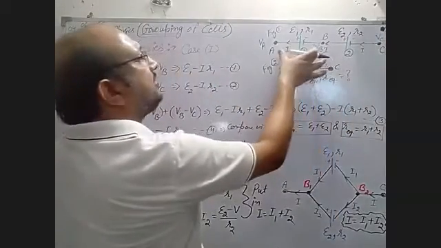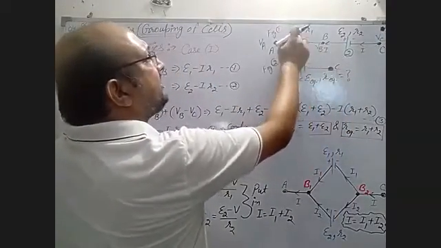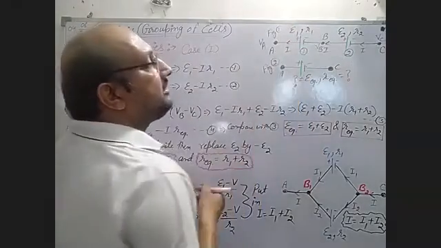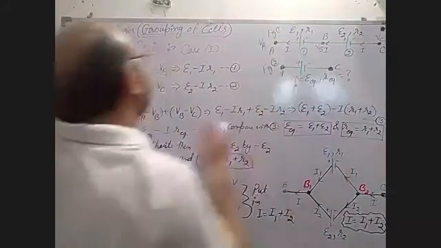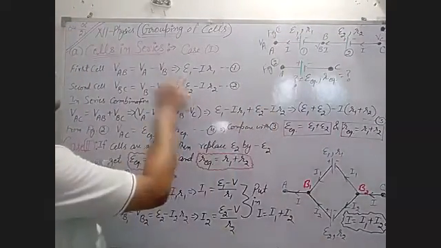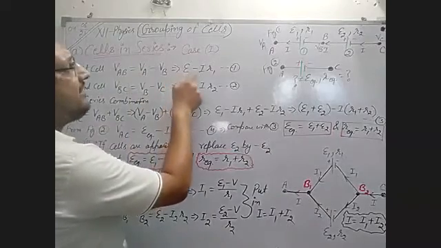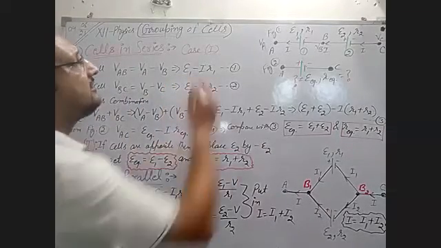If you want to calculate the potential difference between these two points A and B, EMF is E1, internal resistance is R1, and I is the current, then you know very well the relation between potential difference, EMF, current, and resistance. Terminal potential difference is equal to EMF minus current into resistance. You know this relation.